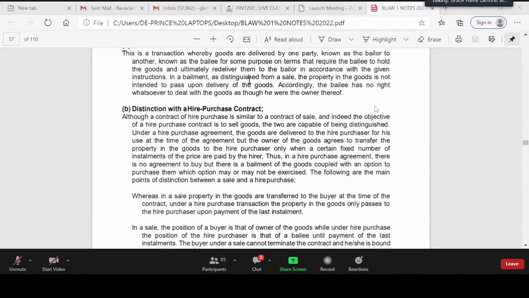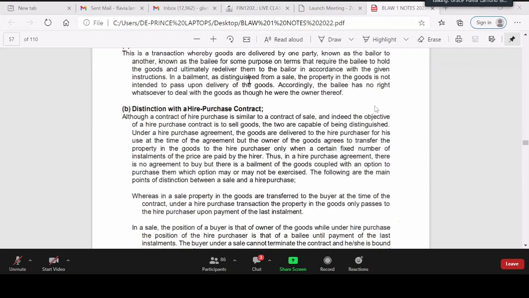Contract of hire purchase. A contract of hire purchase is a contract where, again, we have two parties, a buyer and a seller. A buyer is buying goods and is paying for the goods in installments. But the buyer is given the good.